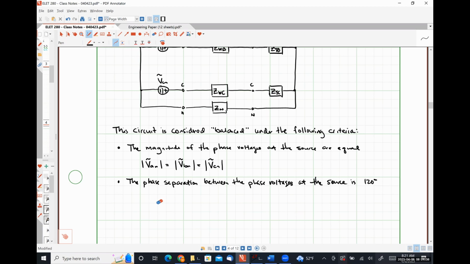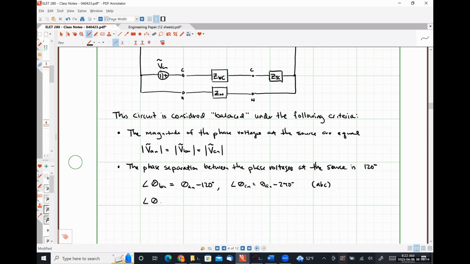Let me rephrase how I'm going to do this. The angle theta BN is exactly equal to theta AN minus 120 degrees, and the angle theta CN is exactly equal to the angle theta AN minus 240 degrees for a positive phase sequence.